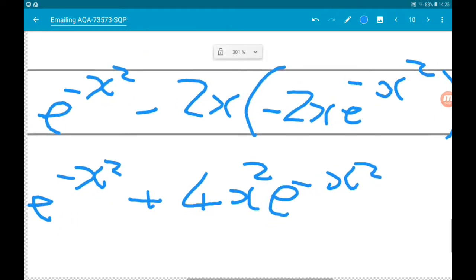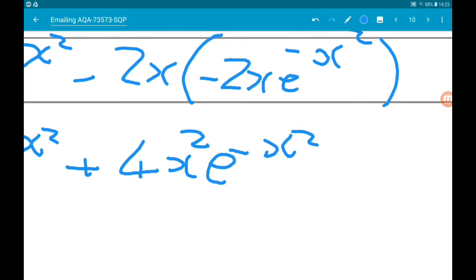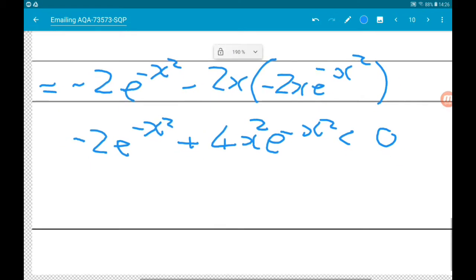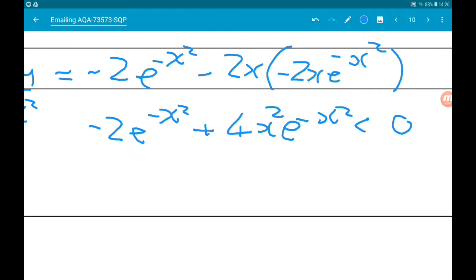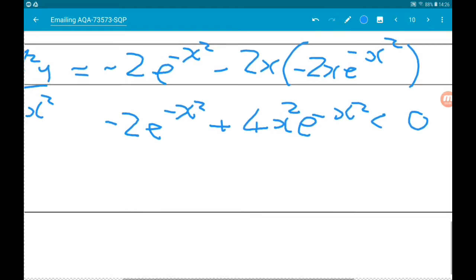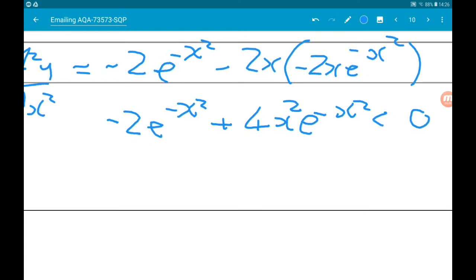Now we know that has to be less than 0. So we have a common factor of e to the minus x squared, so let's divide that away, and we get minus 2 add 4x squared is less than 0.